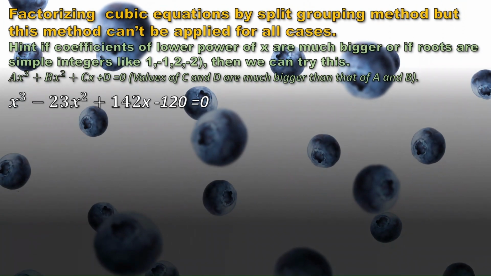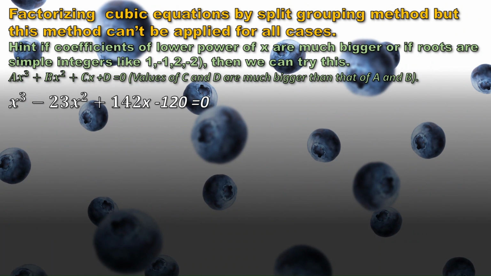Let's move on. Our next method is called the split grouping method, which is based on the concept we have just discussed. An important point, or logic, is to see whether the coefficients of the last two terms are much bigger than the coefficients of the first two terms, which is clearly visible here: 23 and 1, and here 142 and 120.